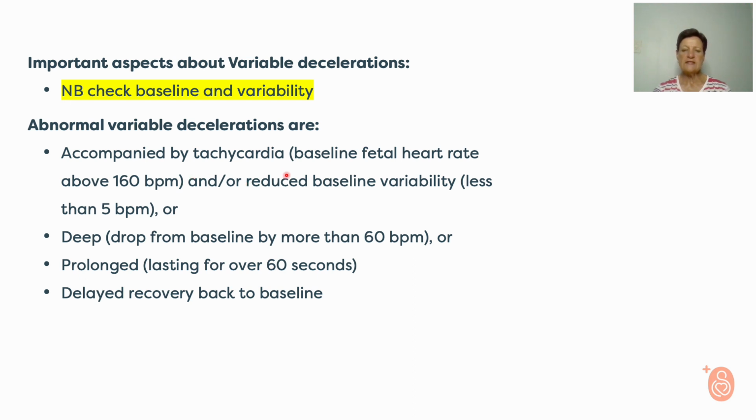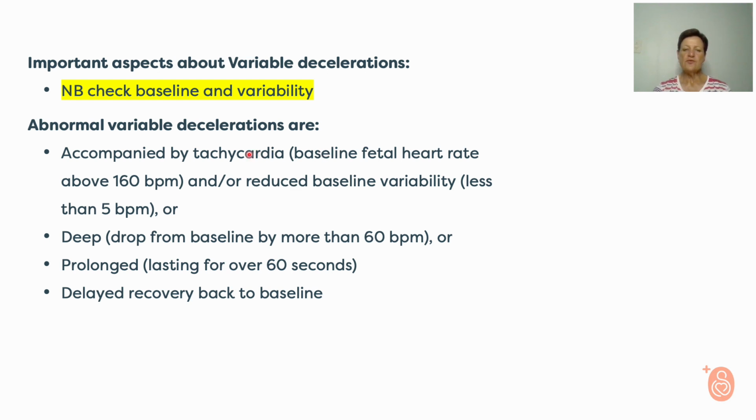Abnormal variable decelerations are those decelerations that are accompanied by tachycardia, where the fetal heart rate goes above 160 beats per minute, and we get reduced variability.